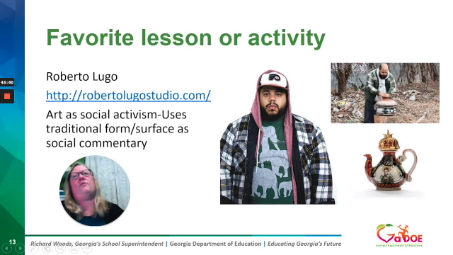If you are not familiar with Roberto Lugo, please look him up. He is a ceramic artist from Philadelphia. His parents emigrated from Puerto Rico, and he really came from humble beginnings. And he identifies not only as a potter, but a spoken word poet, an educator, and a social activist.